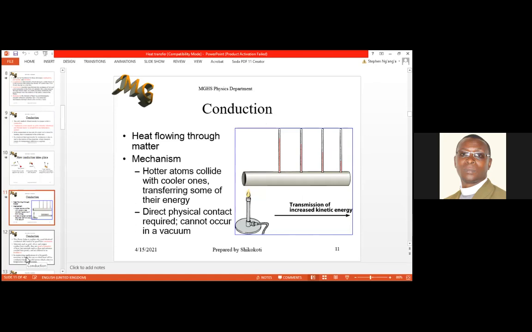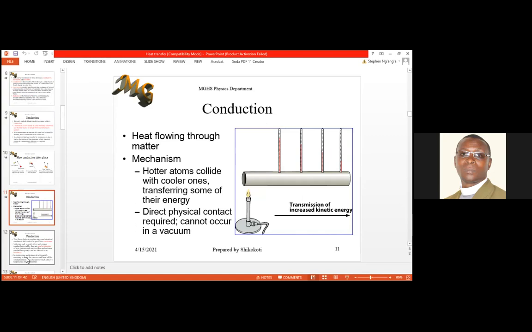So you have a diagram there showing what I've just said about particles colliding. The atoms collide, transferring some of the energy.